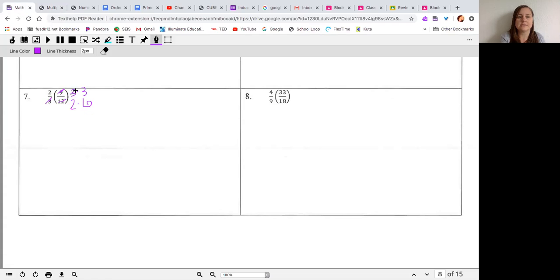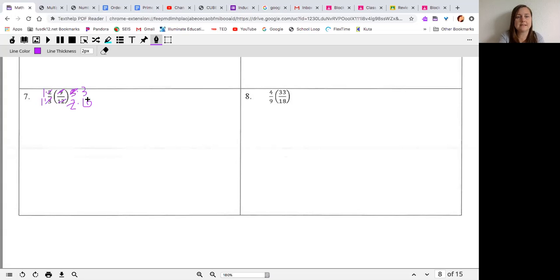The 3's cancel out. Oh, I can write my times 1 on here too. Times 1. Whoops. And our 2's cancel out, but I did that a little softly. And now the 2's cancel out. Okay. And we can put a 1 right here for the 2 also.